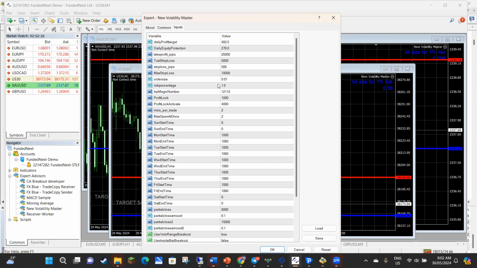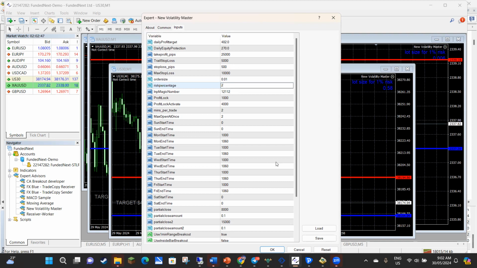Now, one thing to remember, the risk percentage doesn't on its own change your lot size. Okay, the risk percentage is just going to give you a figure which you have to enter anyway. So let's say I bumped this up.